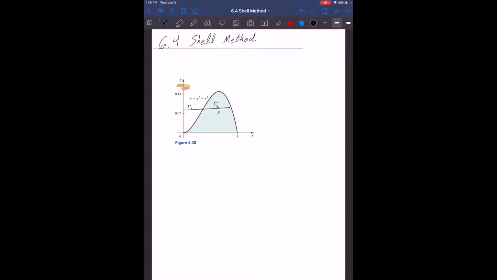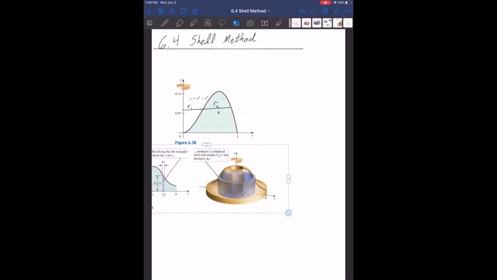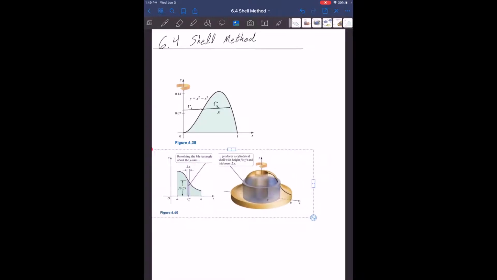So the shell method is a way to fix this problem by, instead of looking at these disks, looking at hollow cylinders or shells instead. This is best seen with a picture for sure, so let me pull that up right here. In the disk method, we would always have our disks parallel to the axis that we were looking at.